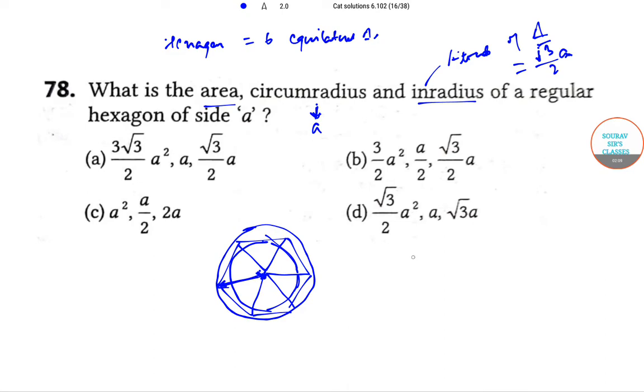So area of the hexagon is equal to 6 into area of equilateral triangle, that is 6 into root 3 by 4 a squared, or 3 root 3 by 2 a squared. So option A.